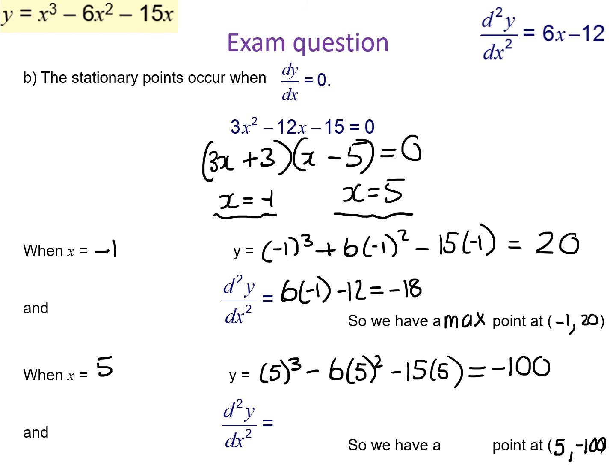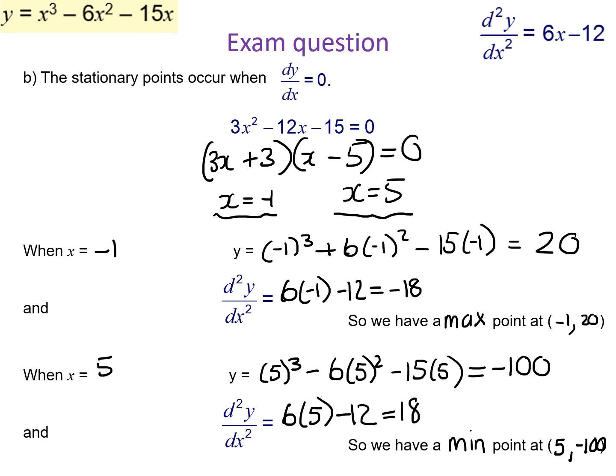Find out if it's a max or a minimum. We sub our 5 into the d²y/dx² equation, which is 6 lots of 5, take 12. That will be 30, take 12, which is 18, and it's a positive 18, therefore it's a min at that point. If we were looking at that curve, you could put that in your calculator.